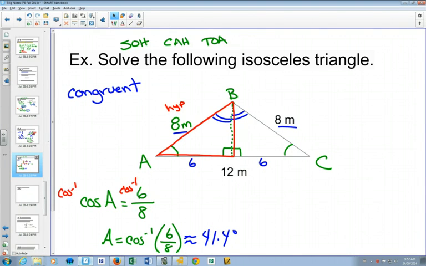The question did not say to how many degrees we needed to do this, so I did 1 decimal place. If you did 41 degrees, that would be fine as well, because it didn't say how many decimal places.